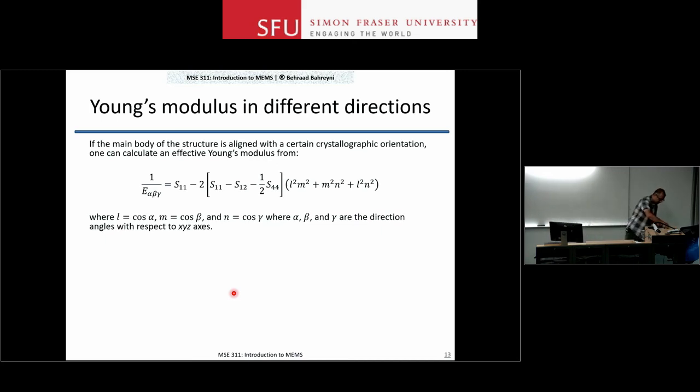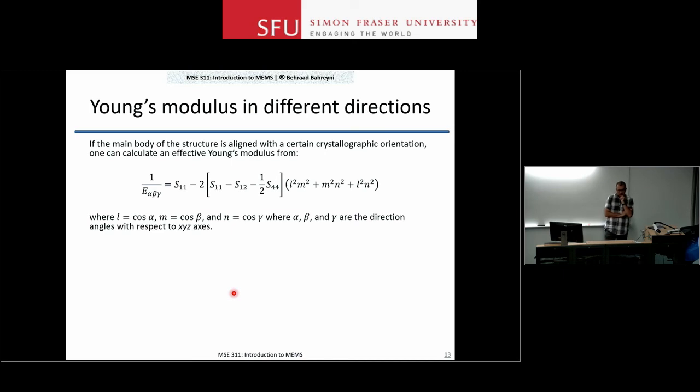Instead of dealing with 3 variables, as we mentioned, for an anisotropic material with cubic symmetry, I want to treat it like an isotropic material with only 2 variables. For isotropic materials, I only had E and nu. For anisotropic materials with cubic symmetry, I have 3 variables, C11, C12, and C44.